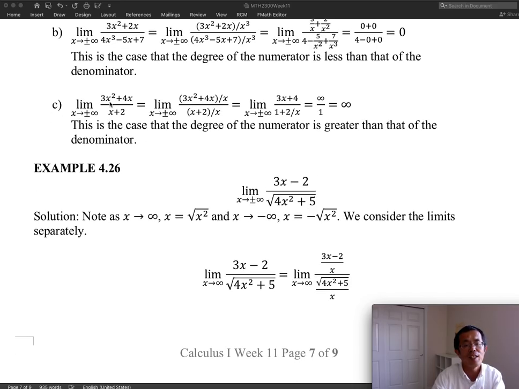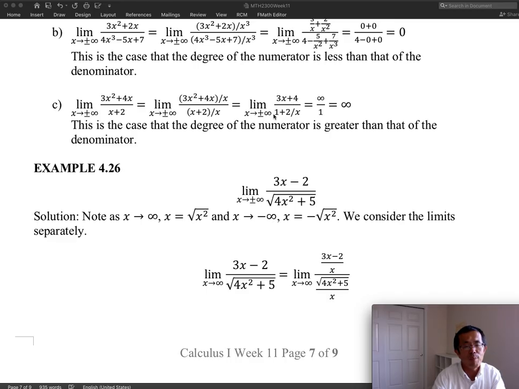And then we do have one more case to consider for the limit at infinity: the degree of the numerator is bigger than the degree of the denominator. In this case, I'm still doing the same thing for the numerator and denominator. I divide the numerator by the term x, which is the leading term from the denominator, and the denominator divided by x. The division for the numerator gives 3x plus 4.